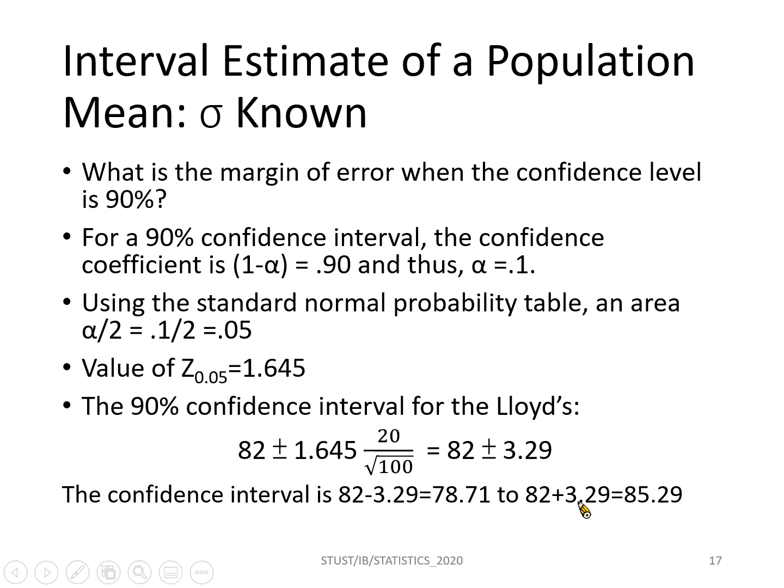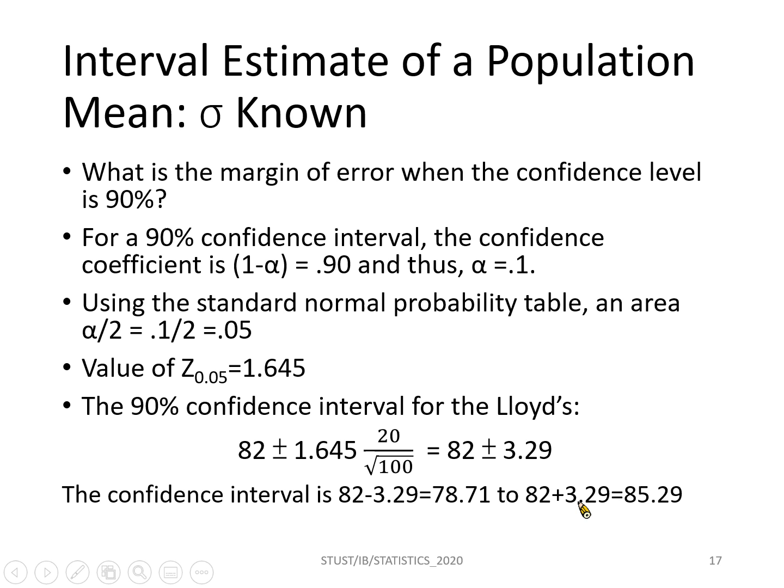So if the confidence level is 90%, then the confidence coefficient will be 0.90 and the alpha will be 0.1. In such conditions, we can calculate the z-value of the alpha divided by 2, which will be 1.645.